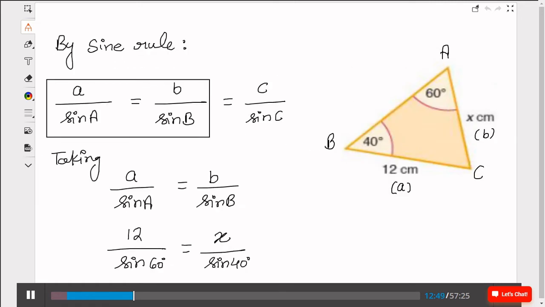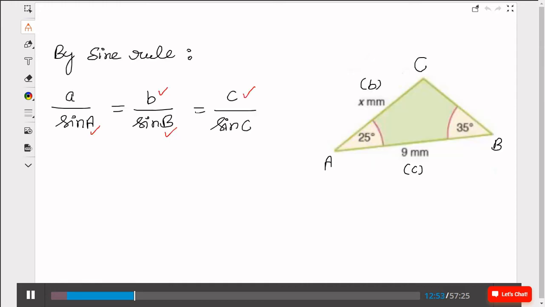Which two fractions would you keep together? I don't know. Right now we have to get small b. Small b and capital B are given, so that's perfect. This is useful, right? Yeah.